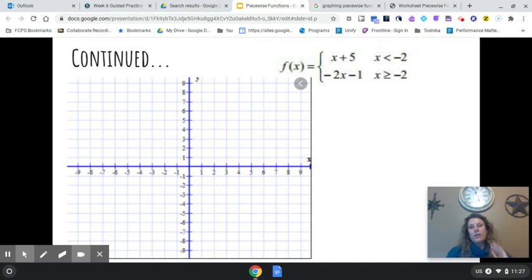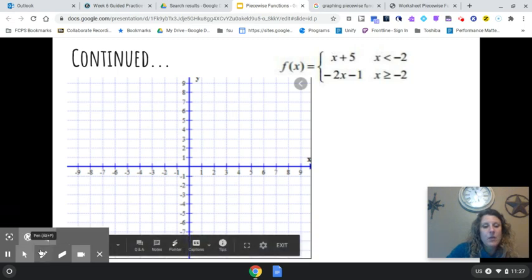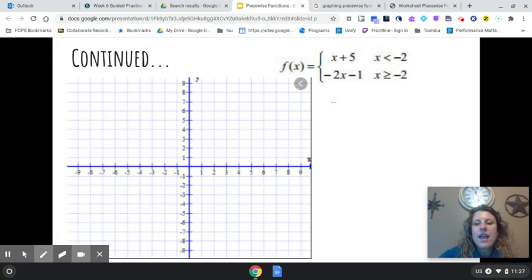For the first part, our first function says f of x is equal to x plus 5 when x is less than -2. So let's first put in the value of -2. If I plug in -2 for x, that would say -2 plus 5, which gives me a y value of 3.